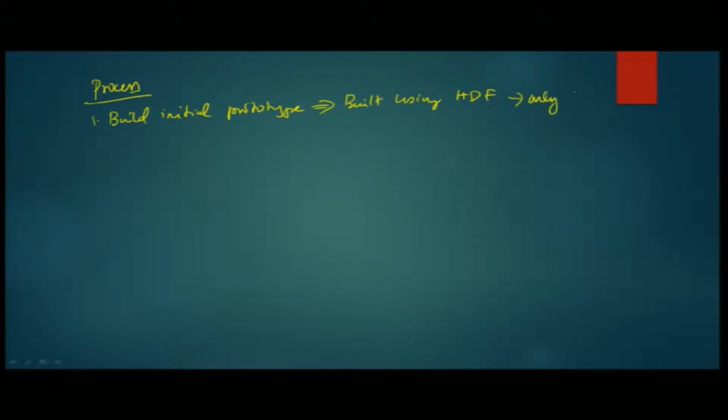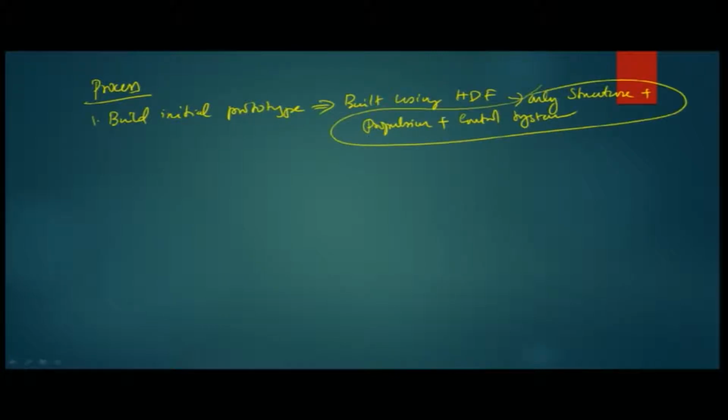Only structure plus propulsion plus control system. This was done purely because of these three things. Once it is finalized, when you have sufficient confidence in this, then you can add the payload as well as the communications as part of it.